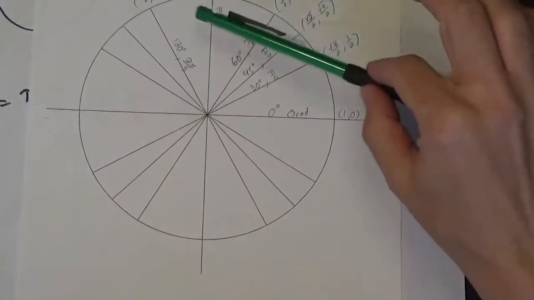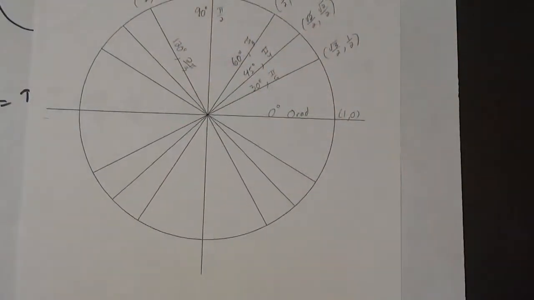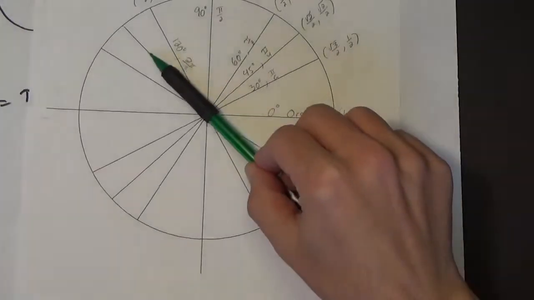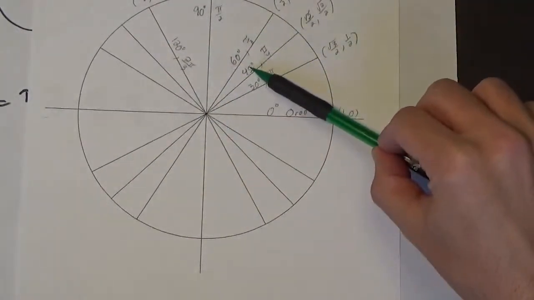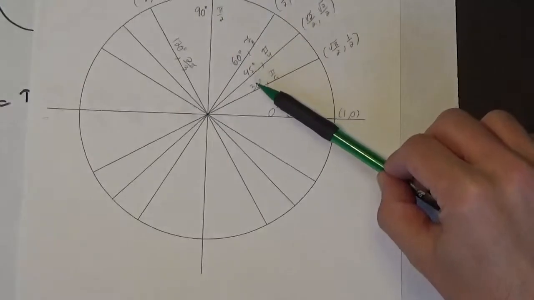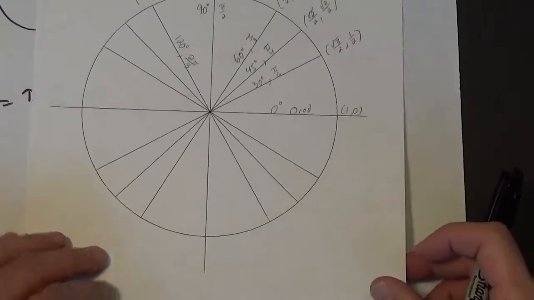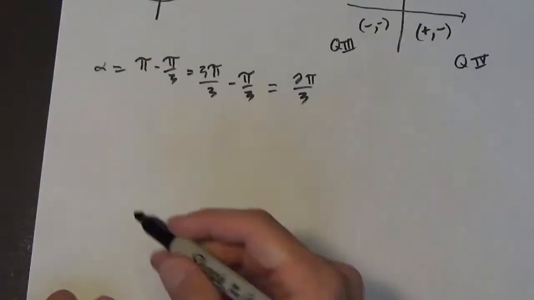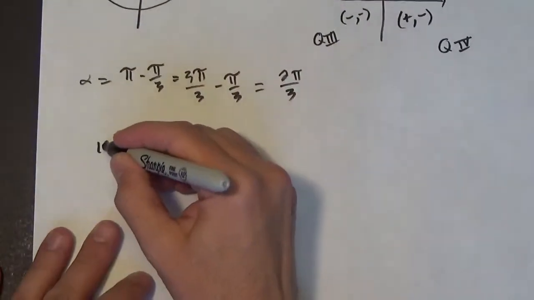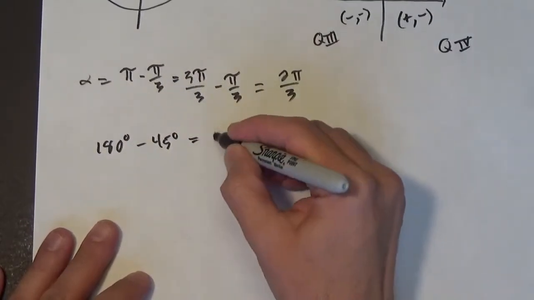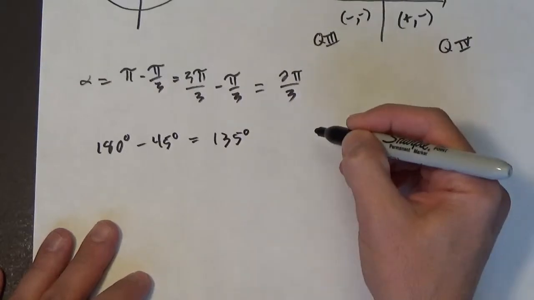So now filling out the rest of this quadrant is going to be pretty straightforward, because we now know that this angle here has a reference angle of 45, and this angle here has a reference of 30. So let's go ahead and work on those. For the 45 degree angle, we know that 180 degrees minus 45 degrees is 135 degrees.